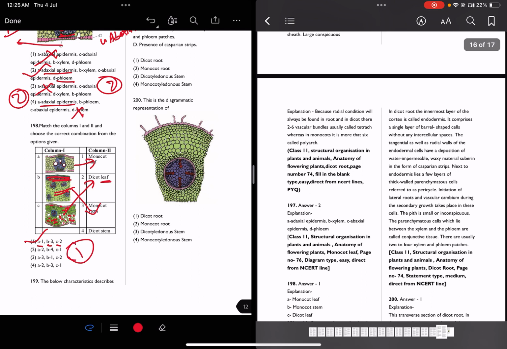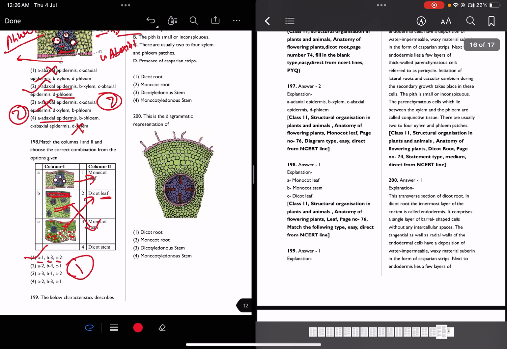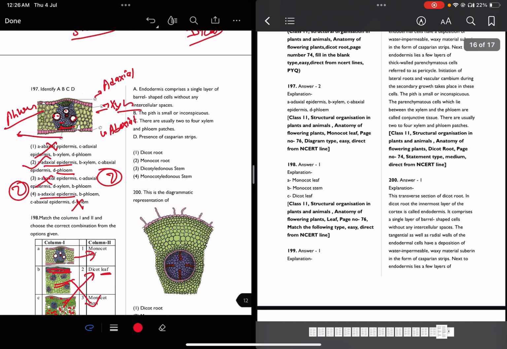Now read question 199, the second last question of this video solution. The characteristics below describe: endodermis comprises a single layer of barrel-shaped cells without any intercellular space. The pith is small or inconspicuous. There are usually two to four xylem and phloem patches. Less than six means we are talking about dicot only.